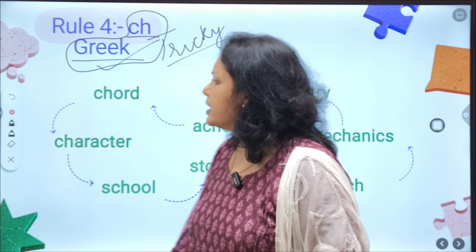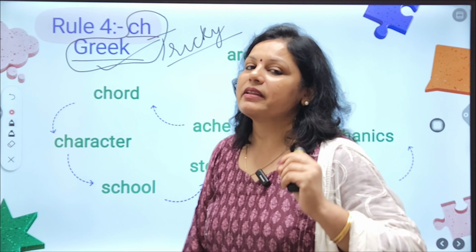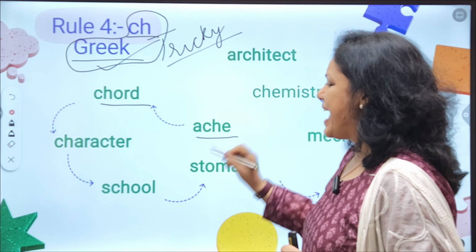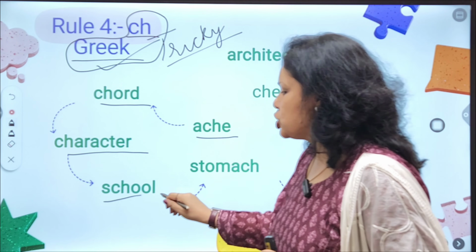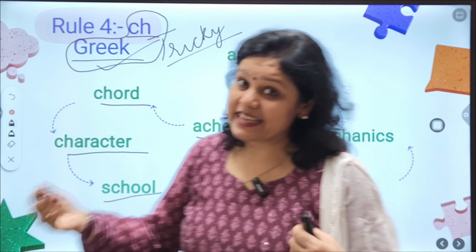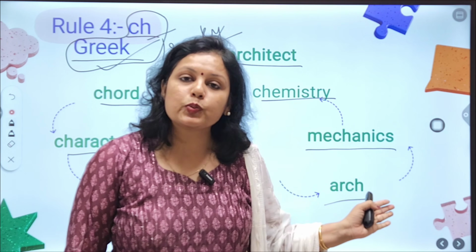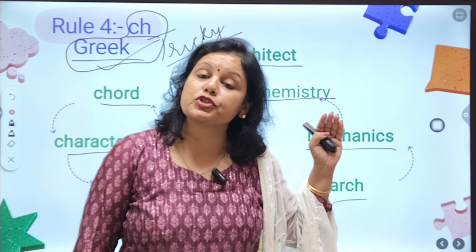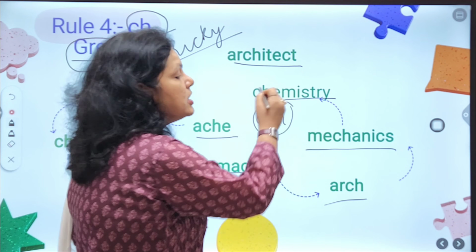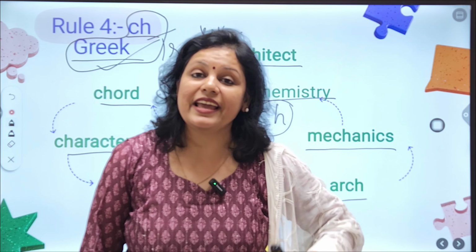So what are those words which we very frequently use in the English language, thinking that these are all English words, like chord, ache, character, school, stomach, chemistry, architect, architecture, mechanics, arch. These words do not follow the phonic rules. These words do not follow the basic sound which is given by the letters CH, that is the ch sound, and that is why they will fall into the category of tricky words.